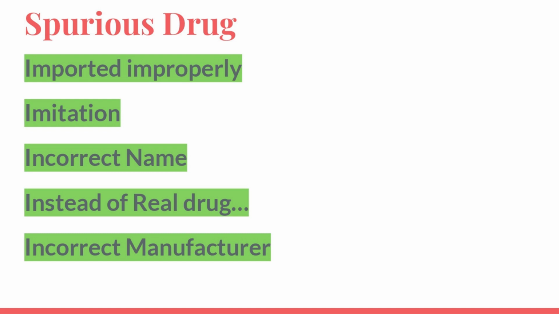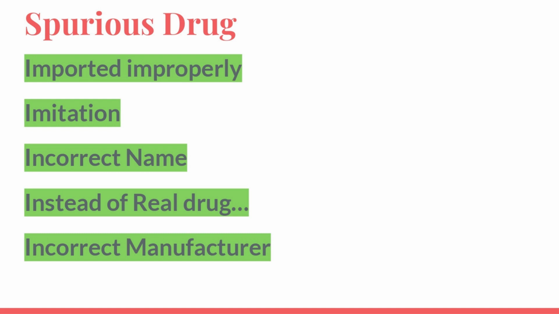If you make an imitation of another drug, or if you make or sell a drug using an incorrect name, it will be a spurious drug. Instead of using the real drug, if you substitute it with a false drug, it will be a spurious drug and the sub-inspector may arrest you.